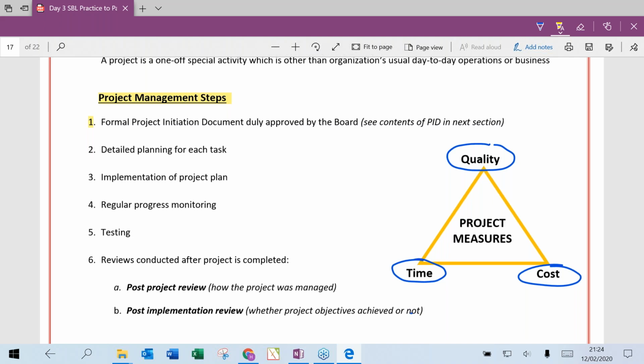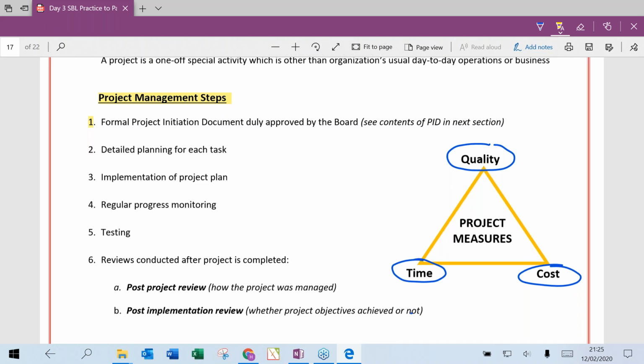The PID is the basic document, and a good starting point for any project management is that a proper PID should be prepared and approved by the board of directors. We will talk about the contents of the PID in a few minutes. The second step, once the PID is approved, is detailed planning.